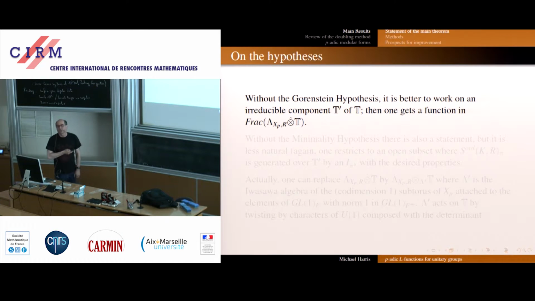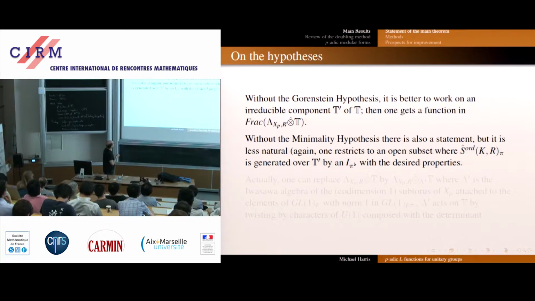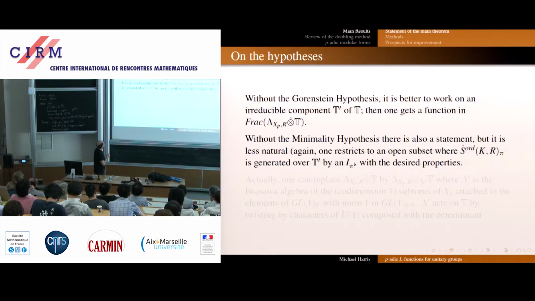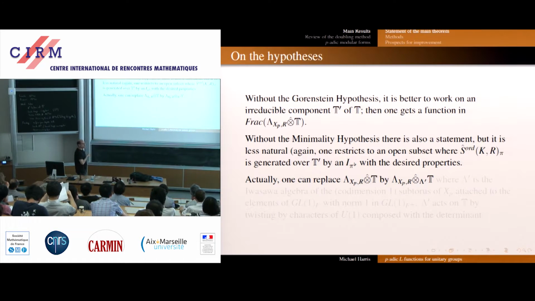If you don't have the Gorenstein hypothesis, what you get is not an element of the actual Hecke algebra, but something in the complete ring of fractions. So it's better to work with an irreducible component. And without the minimality hypothesis, there's also a statement, but this is not so important. And in fact, there are too many variables.